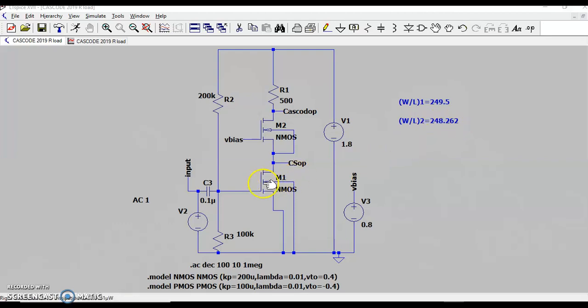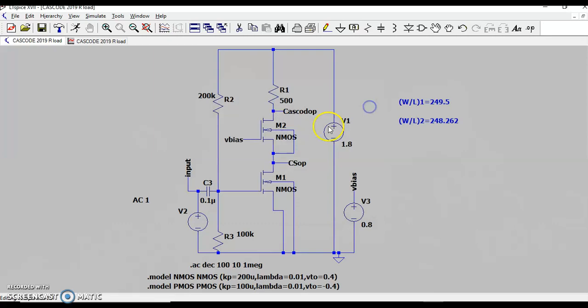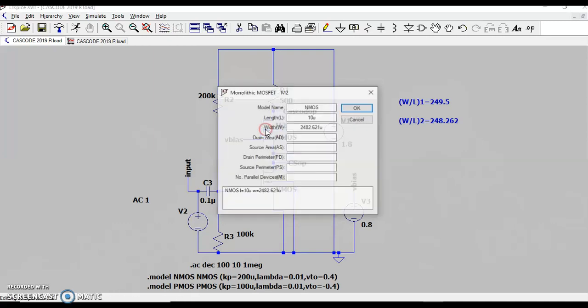The length is chosen to be 10 micron, so naturally the width happens to be 2495 microns. And similarly we have the dimensions of M2, again length is 10 micron chosen, and we have the width of M2 as per the requirement.